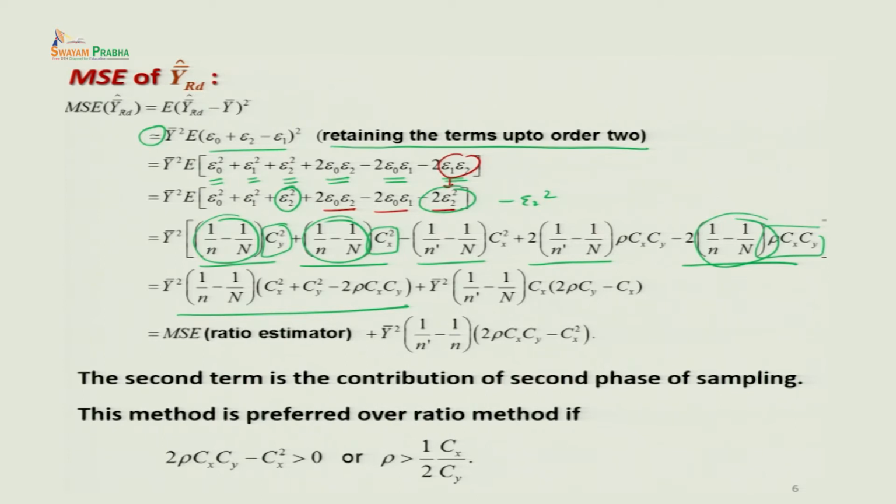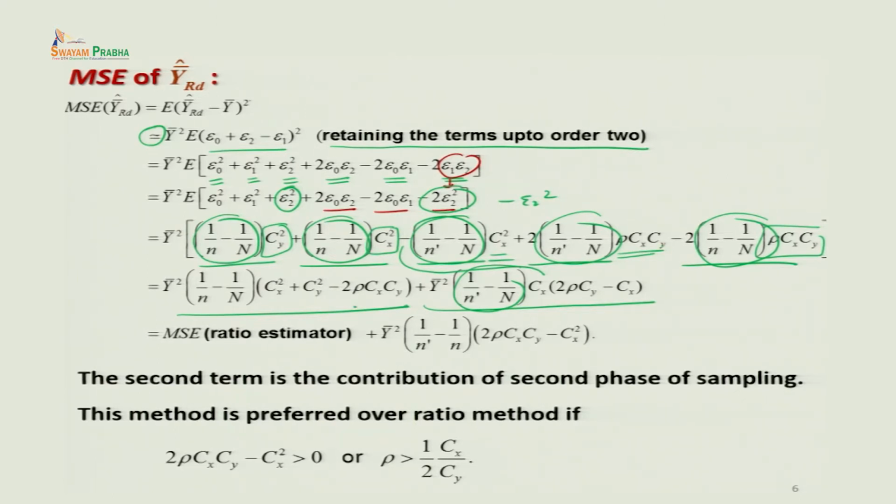And the remaining part is here. This 1 upon n prime minus 1 upon n comes from here, and this becomes Cx square minus, plus rho Cx Cy, right. So, here there is a minus sign, you have to notice, and here there is a plus sign.